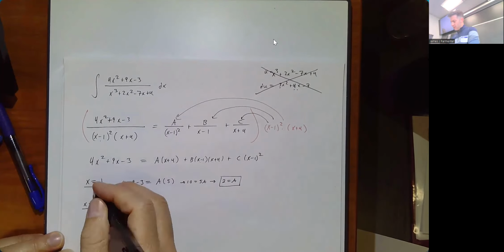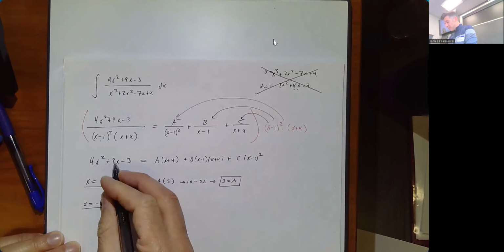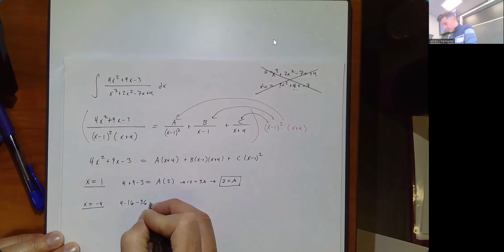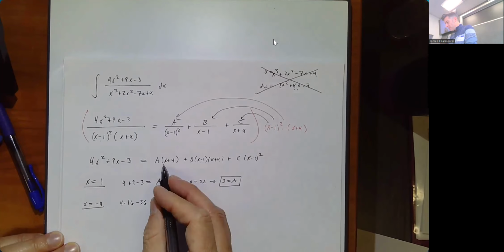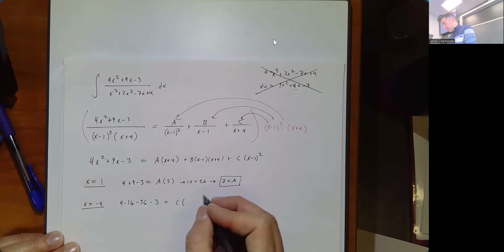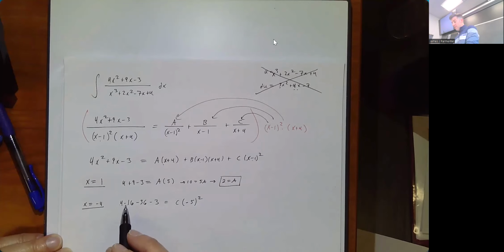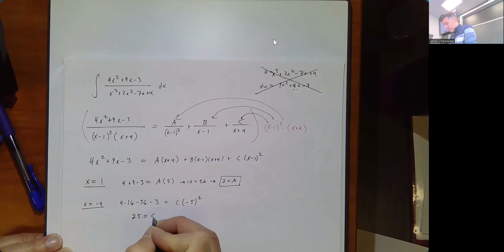So 4 times 16, 9 times -4 is -36, minus 3 equals a times 0 plus b times 0 plus c times -4 minus 1, which is -5 squared. 4 times 16 is 64. 64 minus 36 is 28. Minus 3 is 25. Equal to c times 25. Well, that worked out nicely. C is going to be 1.